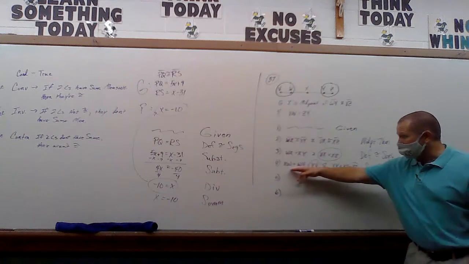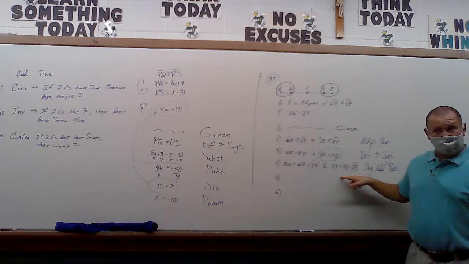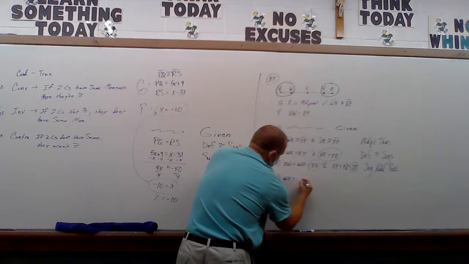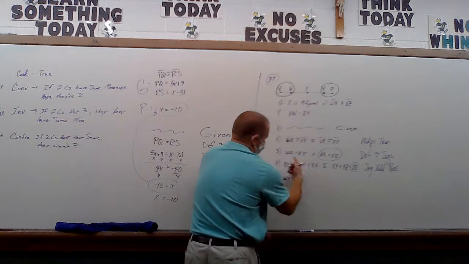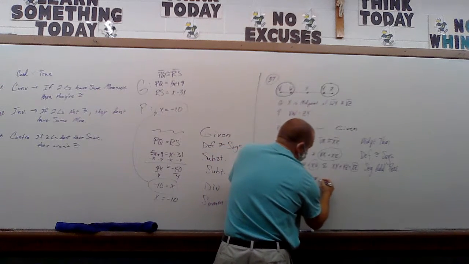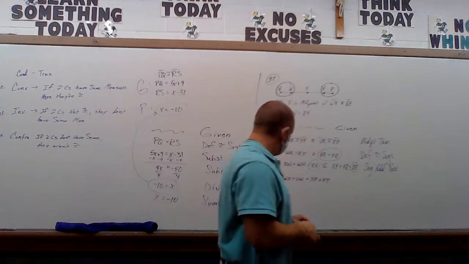But essentially, I'm just going to take the two problems and set them equal to each other. That makes sense? Okay, so we would write WX plus VW, all I did was flip-flop them, is equal to XY plus YZ.